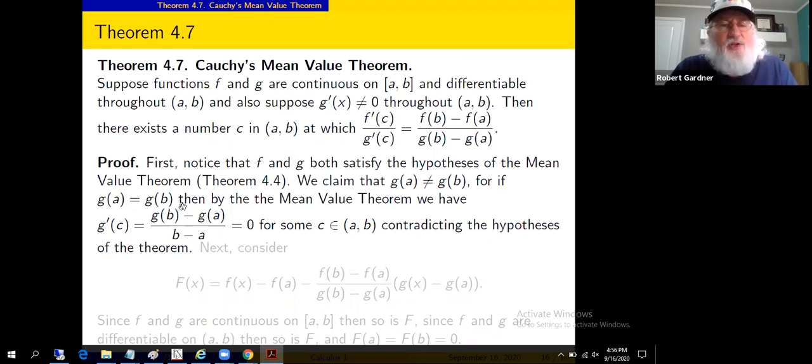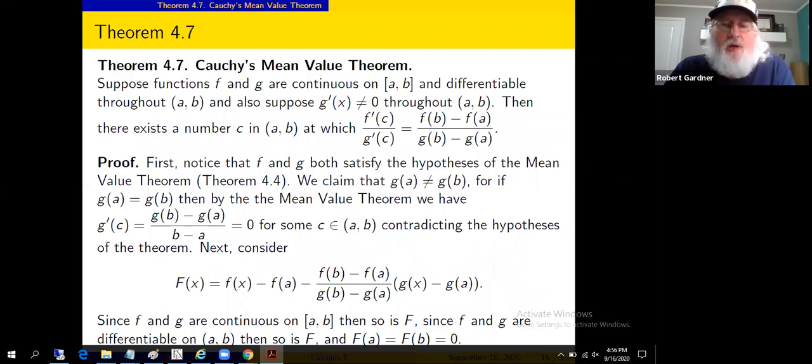But if g of a and g of b are the same, that numerator would be 0, and we would have a point c where g prime of c equals 0. But we were told that g prime is never 0 throughout the interval a, b, so there can't be such a point c. If there is never such a point c, then g of a and g of b cannot be equal. Our claim that they're different is justified.